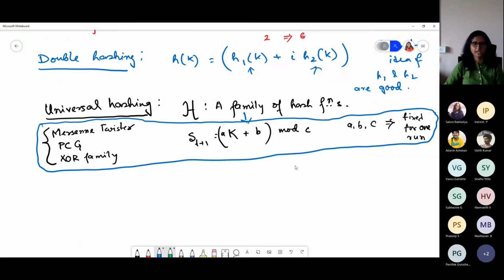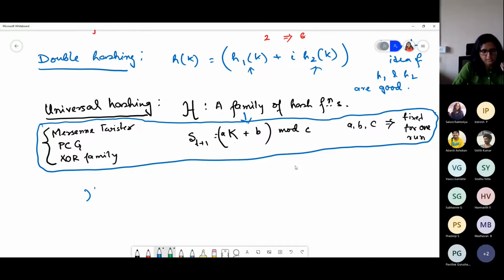Now, in case of universal hashing, what happens is you are given a set of hash functions, that is your hash family. Now, when you need to map the set of keys to some slots, you choose over this set of hash functions.